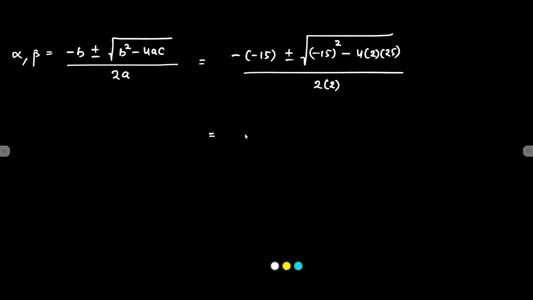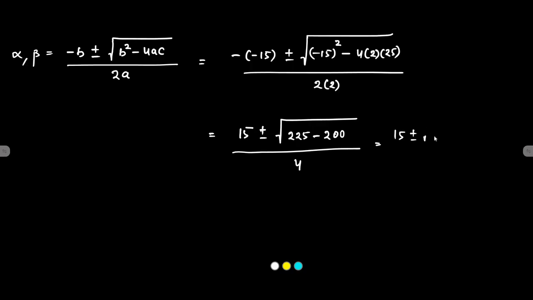So it is equal to 15 plus minus, 15 square is how much? 225. Okay, 225, and 4 into 25 is 100, so 200, 225 minus 200 by 4. So this is equal to 15 plus minus root over of 25 by 4, which is equal to 15 plus minus 5 by 4.